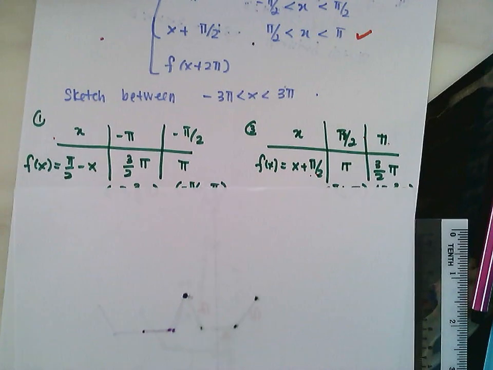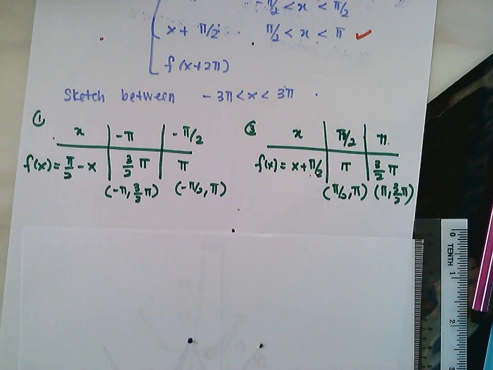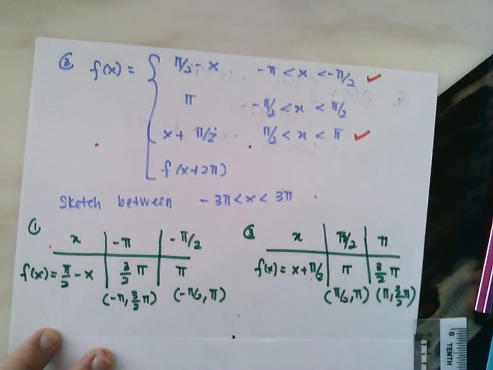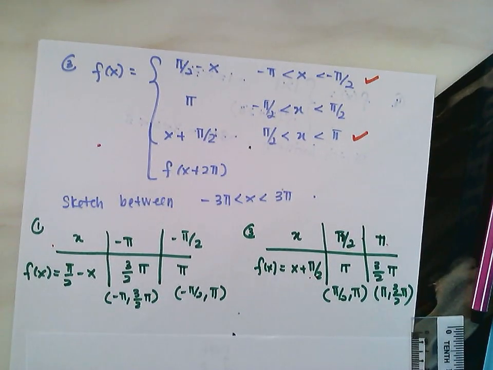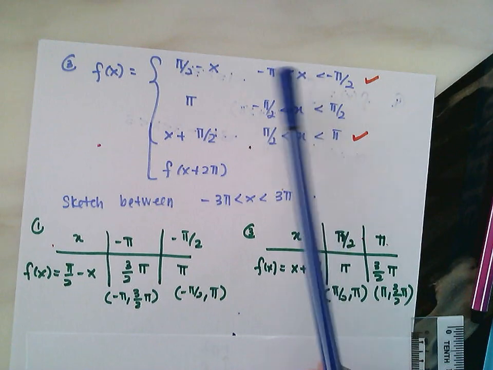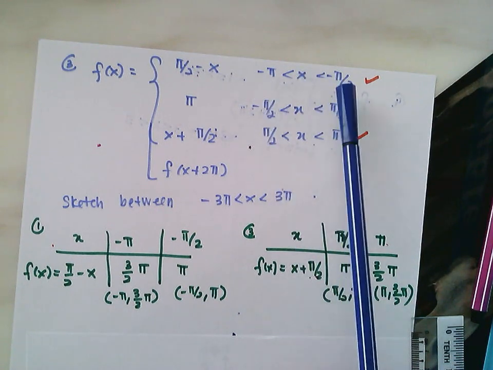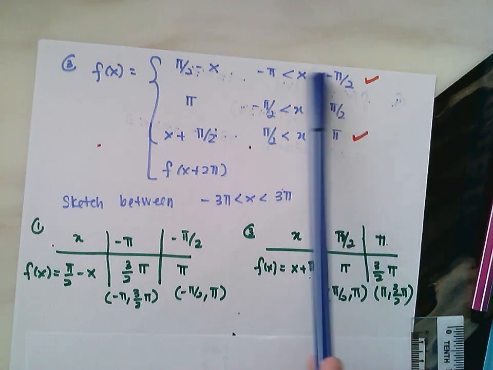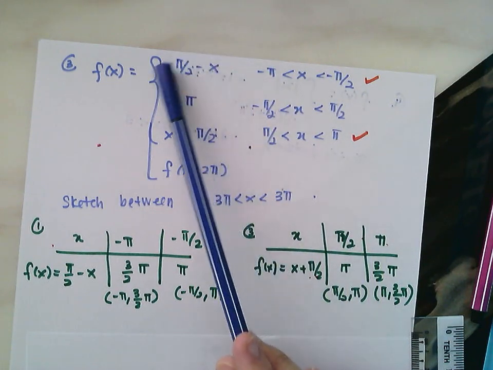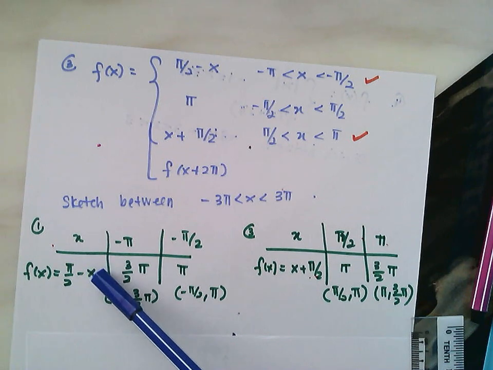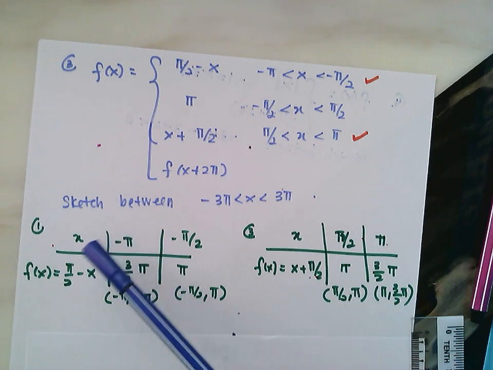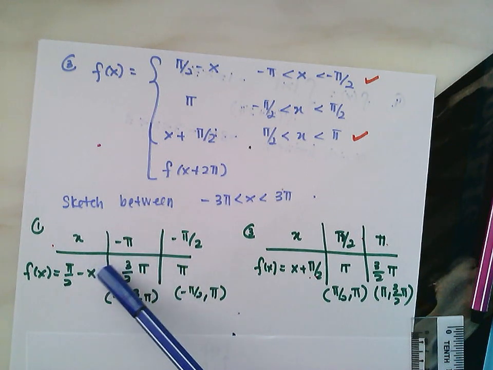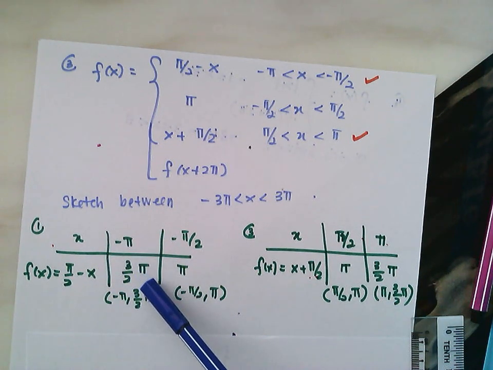Okay, so for the first table here, I am considering the first function, where I take two values of x: x is equal to negative pi, and the second one is x equal to negative pi over 2. The first function is pi over 2 minus x. So if you substitute the value of x, when x is equal to negative pi, then you will have 3 over 2 pi.